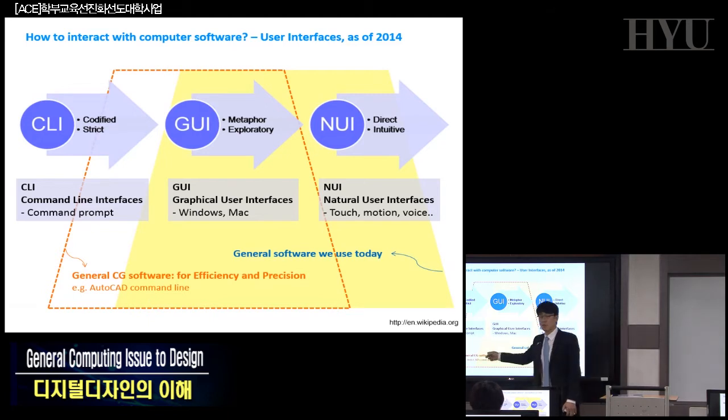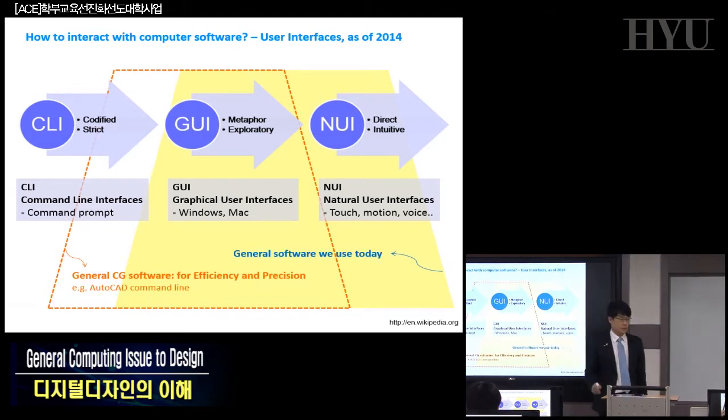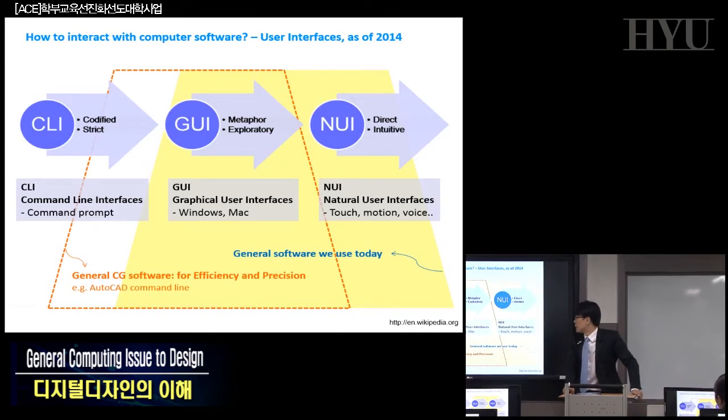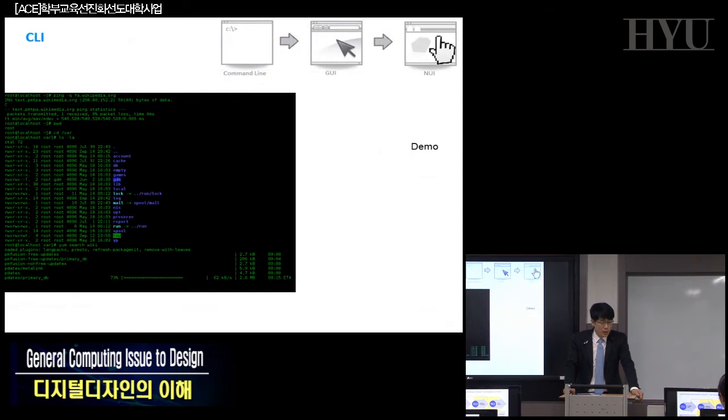So you have to type using your keyboard. That's why we still need to use CLI, a command line based interface. But anyway, close to 100% your software is going to be GUI based, especially for making your design outputs. Okay, that's my point here.